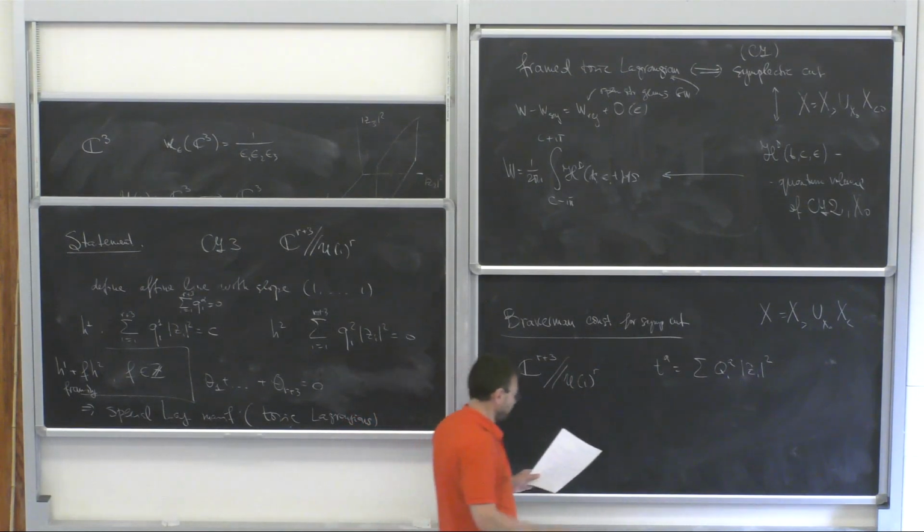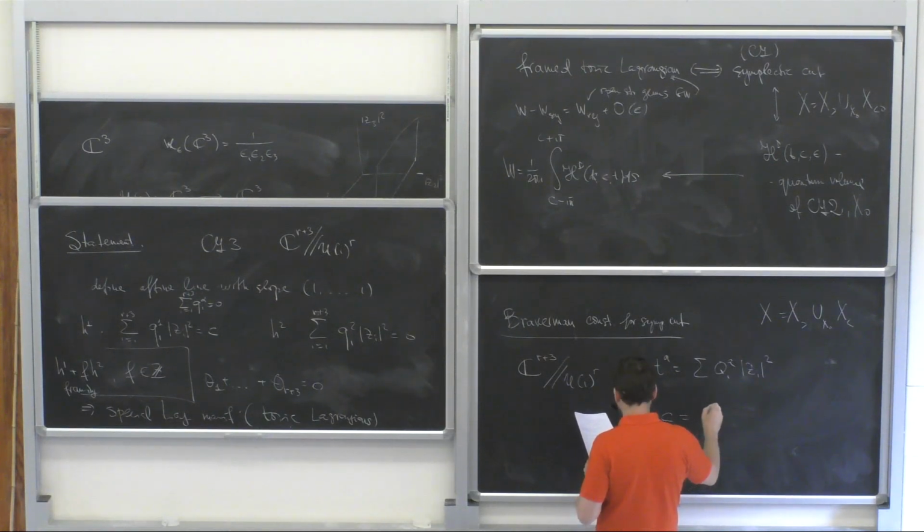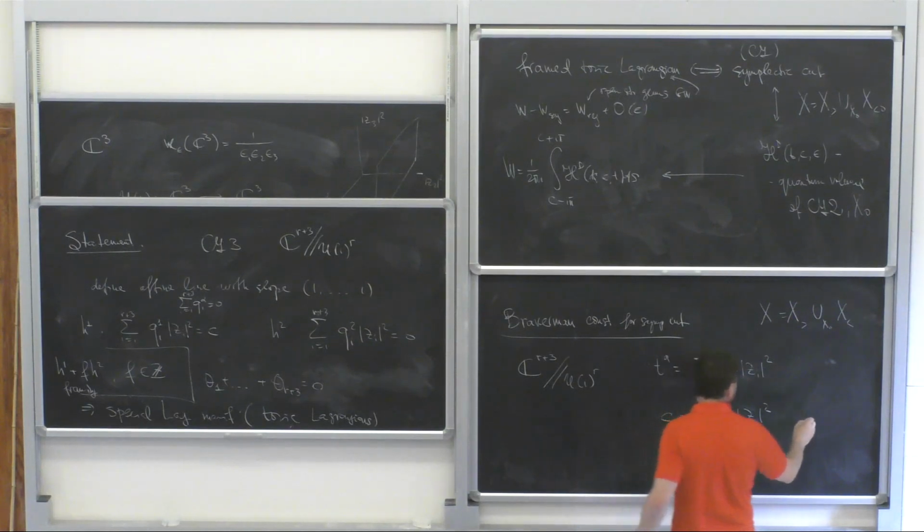And then I will have another one corresponding to the cut. So for the cut, I will have this condition: C equals the sum over Q_i |zeta_i|^2, i from 1 to R+3. So this would be the cut.